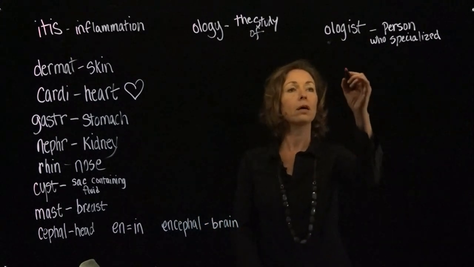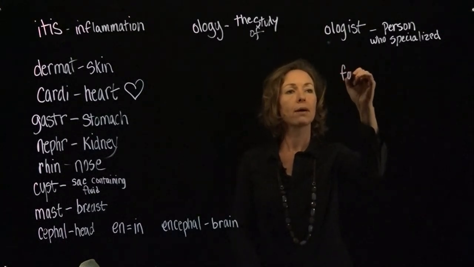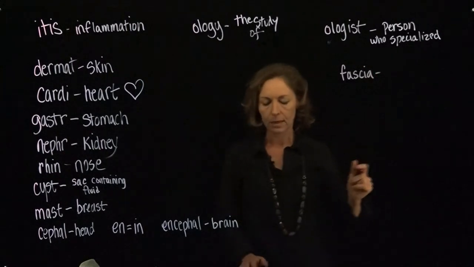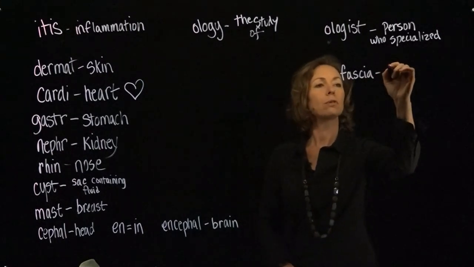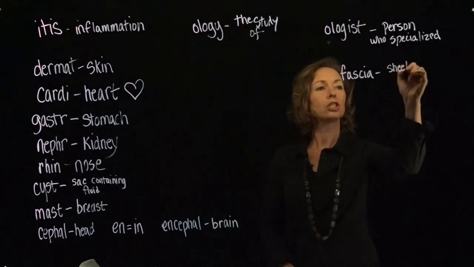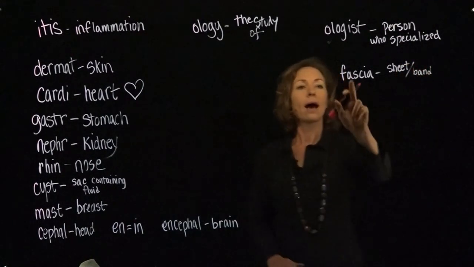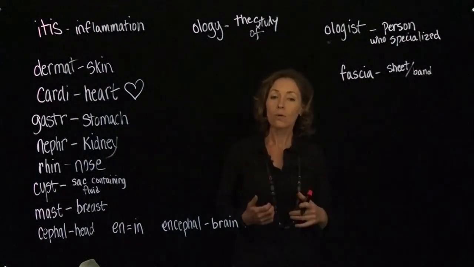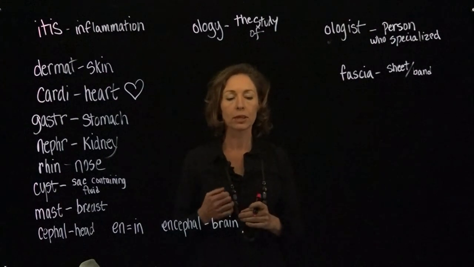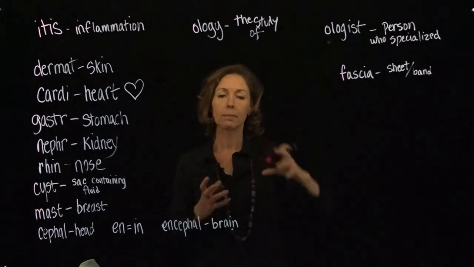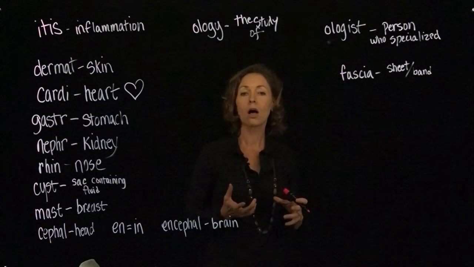Okay, let's do a new card. Let's talk about fascia. This one's a little bit harder to visualize. Fascia means sheet or band. In the OR, if you're thinking about specializing in the OR, we talk about cutting into the fascia, sheets and bands of tissue, muscle all the time.